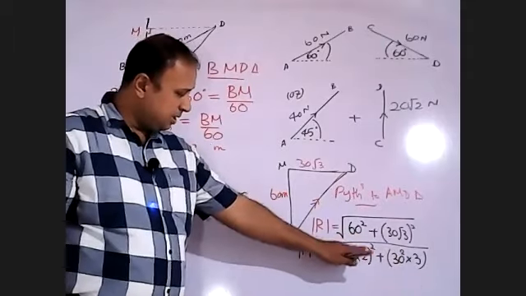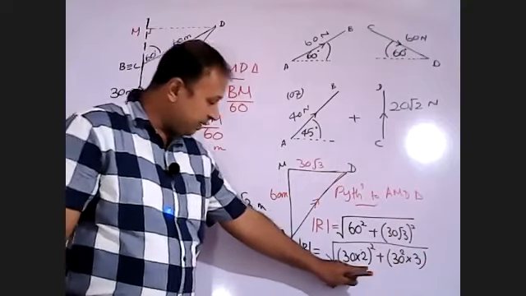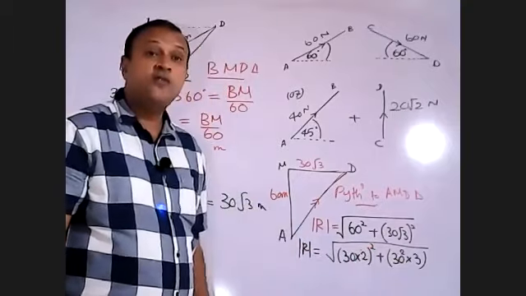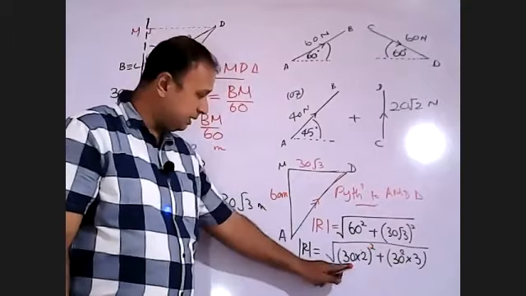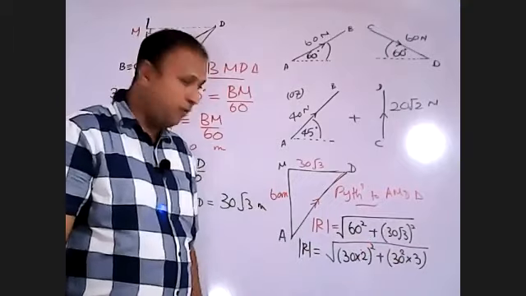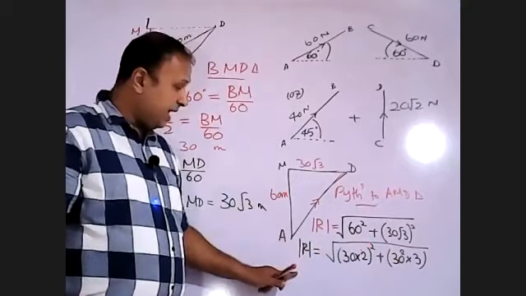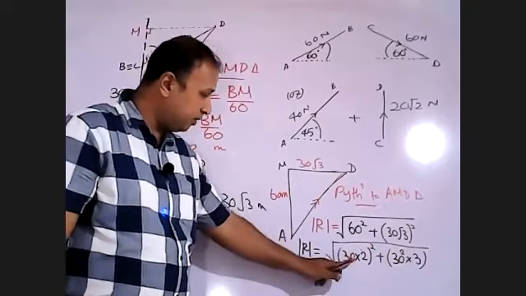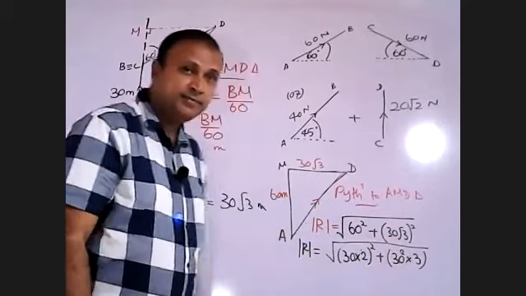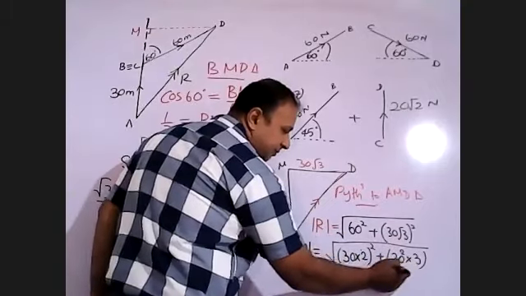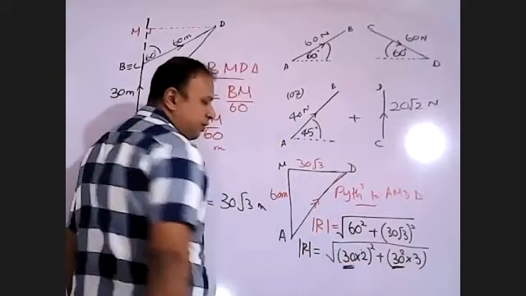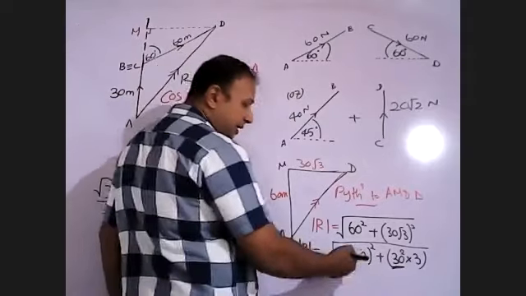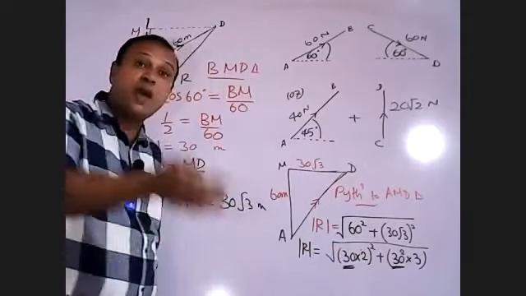If I expand, this is 30 squared into 4, 30 squared into 3, and 30 squared. Here there's a 30 squared, here also a 30 squared, so I can take 30 squared out from the square root.